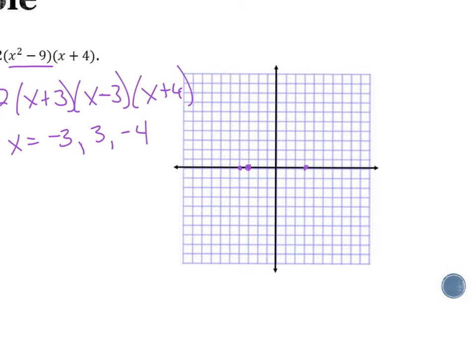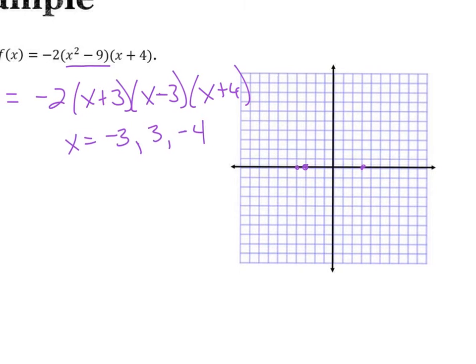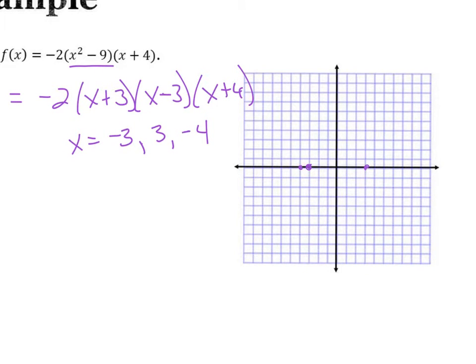Now going back, remembering our end behavior, this is going to be an x cubed, so odd degree, which means the ends go different ways, with a negative leading coefficient. So our ends should go up on the left and down on the right. It could be a line with a negative slope.